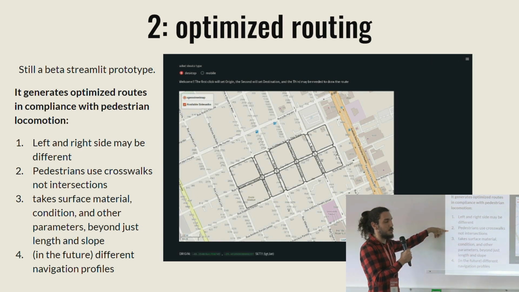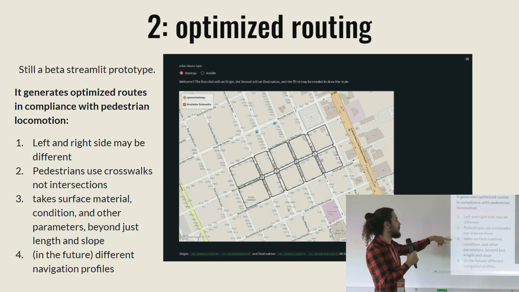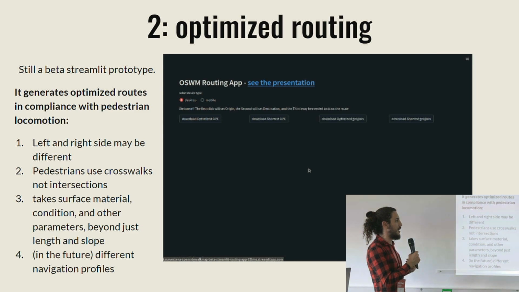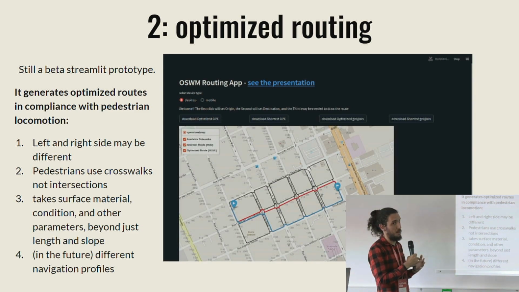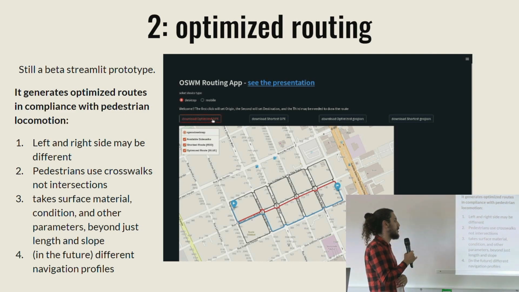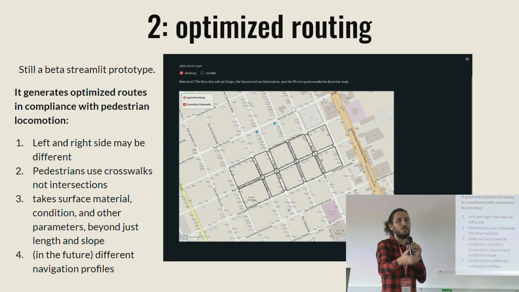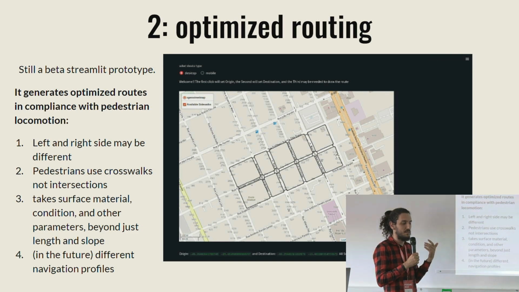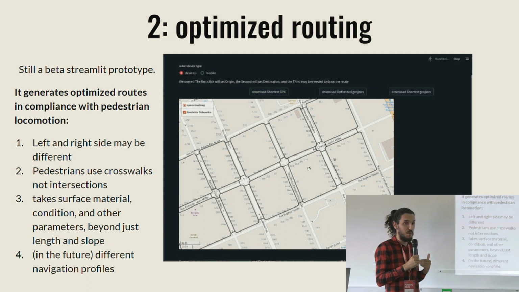Pedestrians use crosswalks and not road intersections. It takes into consideration the surface material, condition, and other parameters of that sidewalk beyond just length and slope. That was what that router used to use when I tried to find good routes for cycling.